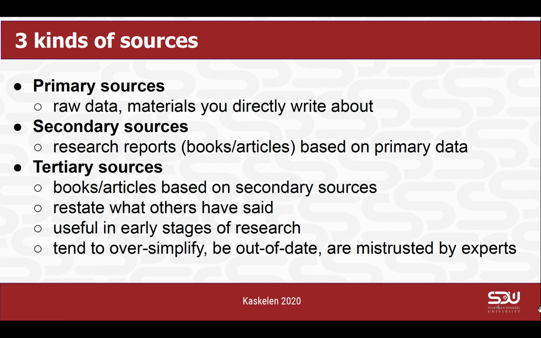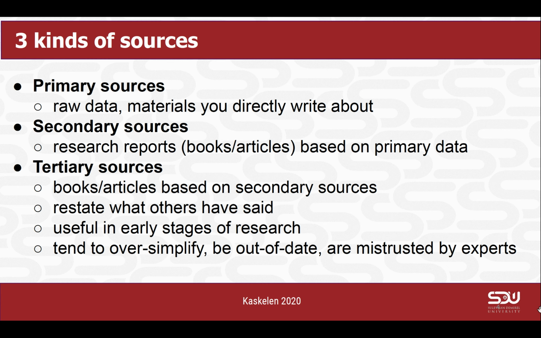Mostly what you're going to use in your literature reviews are secondary sources. These are research reports in the form of maybe books or articles, and in the form of actual reports, and these are based on primary data. Okay, so they analyze the data that they collected or somebody else collected for them, and then they write about that data.